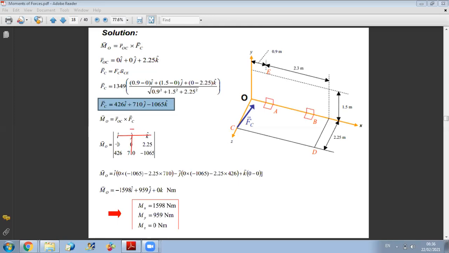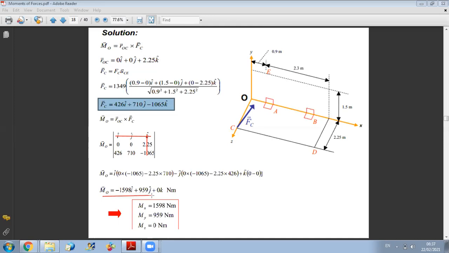We have these four numbers that will remain, so it's 0 minus 426 times 2.25. As you can see, I put the minus before it, and I do the product, and I get the component along J in this way. And finally, for the component along K, I drop this line and this column, and then I get 0 minus 0, so 0. Okay? So this is how I calculated the moment about O.